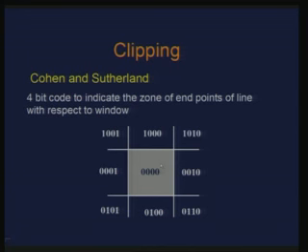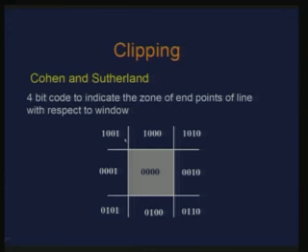Then we can devise a scheme by which we can decide some trivial cases, right. Given one boundary of the window, I can decide whether the line is on this side of the window edge or the other side. In case it is on the side where the window exists, I would declare that it is possibly visible, right.